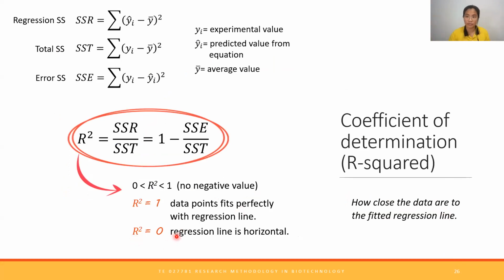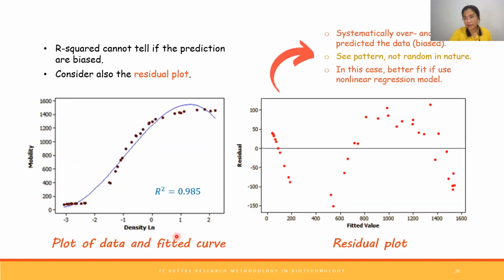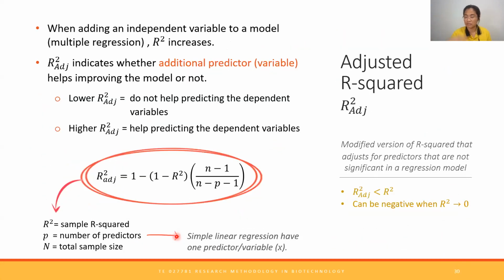You have a horizontal line, your m is 0. It happens sometimes in response surface methodology as well, if your response is very low throughout your predicting surface.